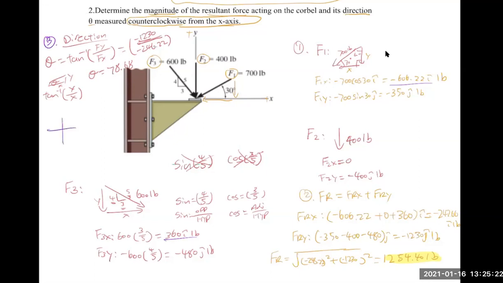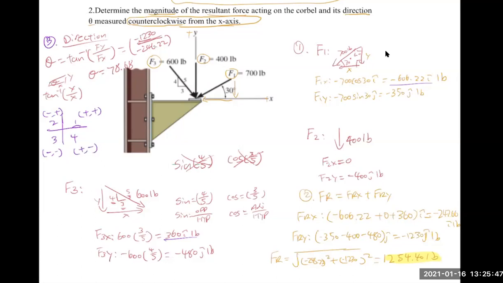As you guys already know, this is quadrant 1, quadrant 2, quadrant 3, and quadrant 4. In quadrant 1, both x and y are positive. In quadrant 2, x is negative but y is positive. In quadrant 3, both x and y are negative. In quadrant 4, x is positive but y is negative.